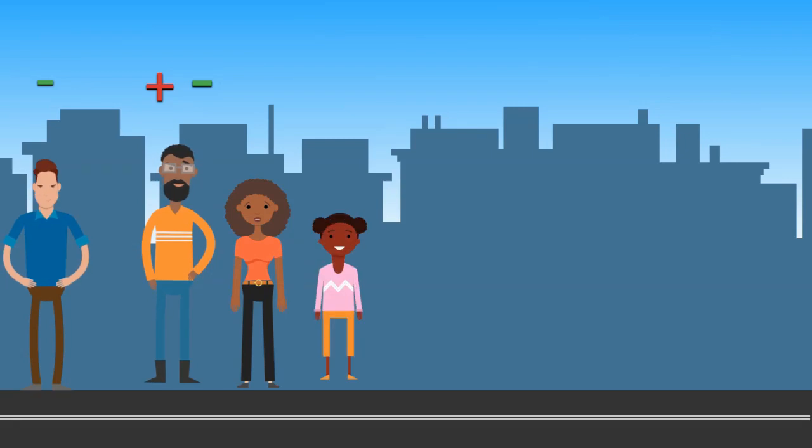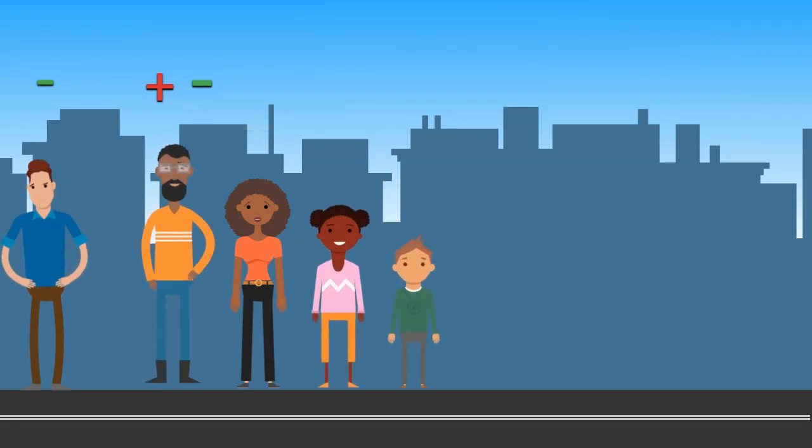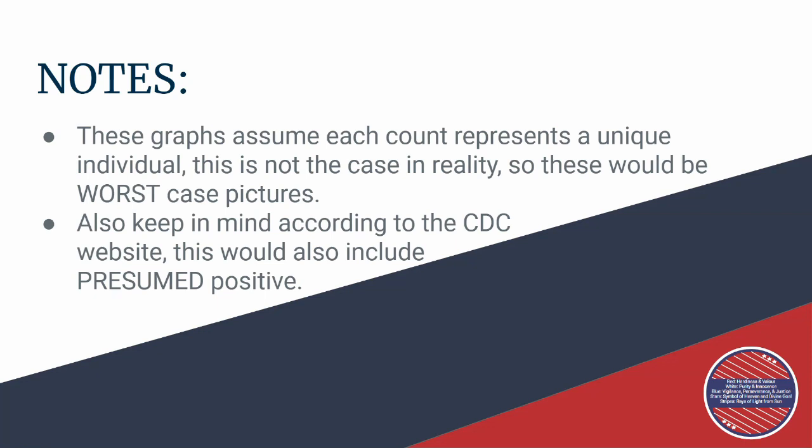That one person lives with 3 people. So now we would have a total of 6 tests, 4 positives and 2 negatives. Fuzzy math, we know. So 2 people went to get tested and now we've got 4 positives and 2 negatives. Thus, we are most likely looking at the worst case scenario representation of the data.